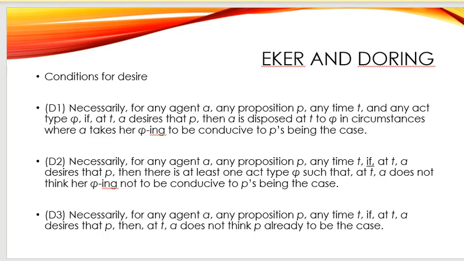If I have a desire, then D2 is true, they claim. If at 1 o'clock I desire that I have a cup of coffee, then there is at least one act type, picking up my wallet, such that at 1 o'clock I do not think that picking up my wallet isn't conducive to getting a cup of coffee.